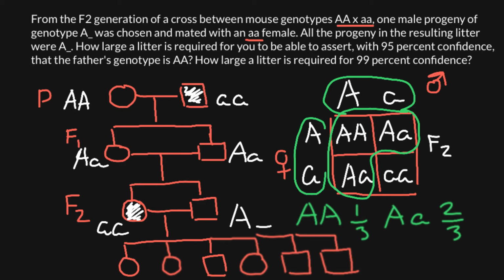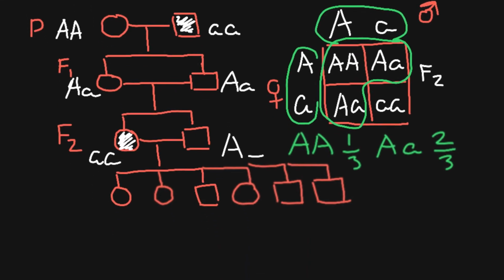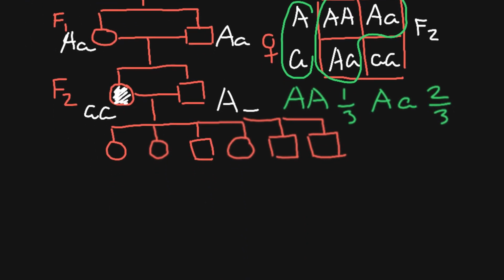Now you understand that the probability of this male parent being homozygous dominant instead of heterozygous is much higher than before, because if this parent is heterozygous and we cross him with another parent that is homozygous recessive, we expect that 50% of the progeny are going to be homozygous recessive. And we expect it according to the Punnett square.